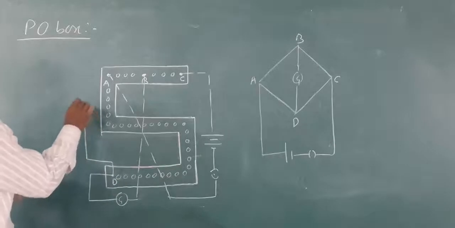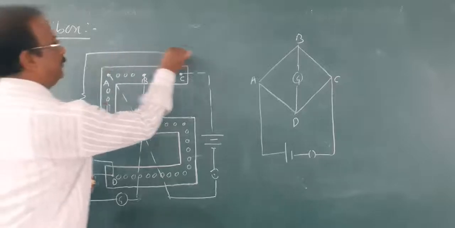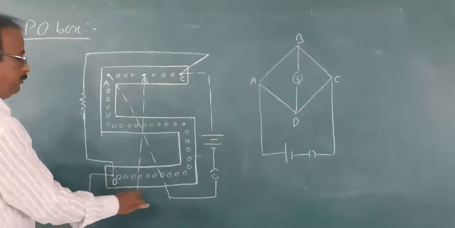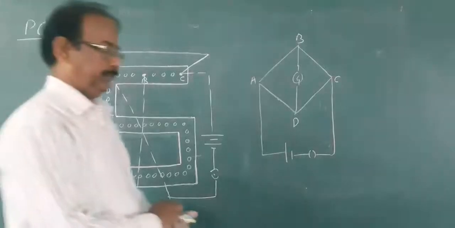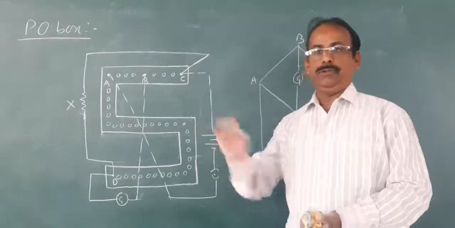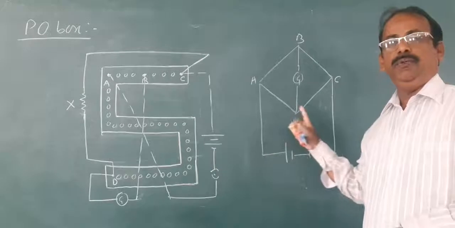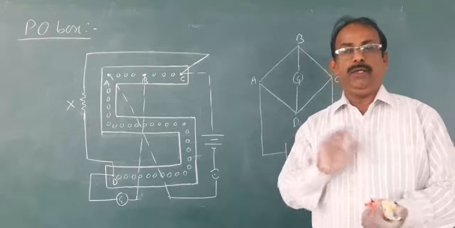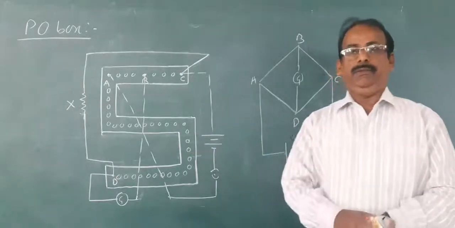This is unknown resistance X, which is connected in between D and C. This is called post office box. The arrangement is similar to Wheatstone network. It is a practical form of Wheatstone network. It is used to determine unknown resistance.